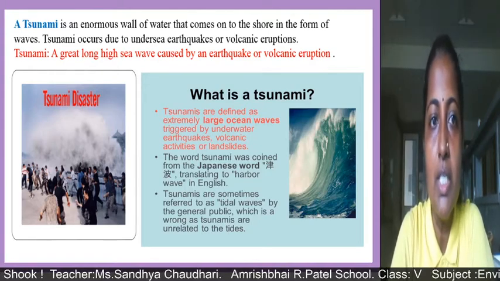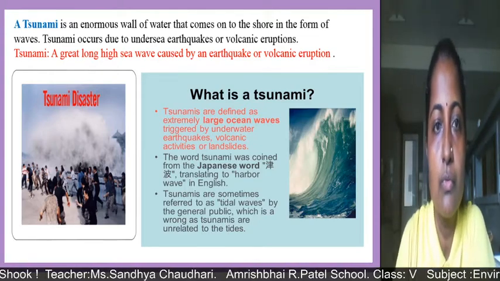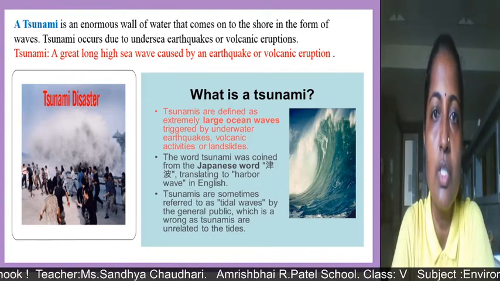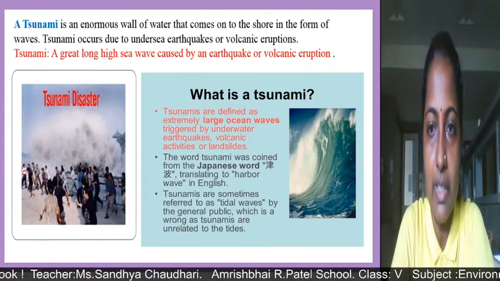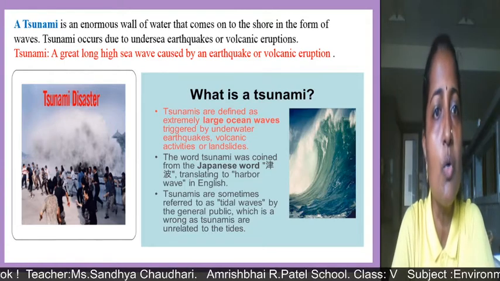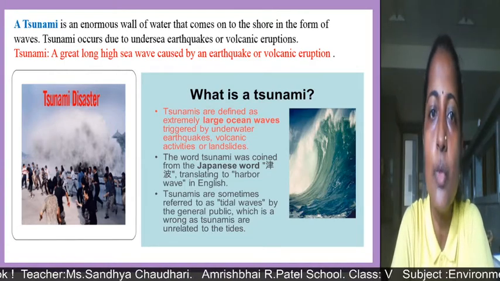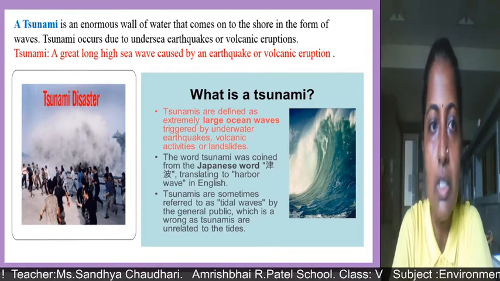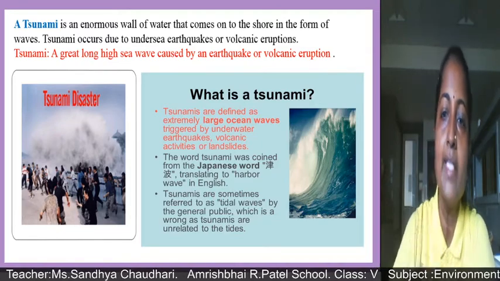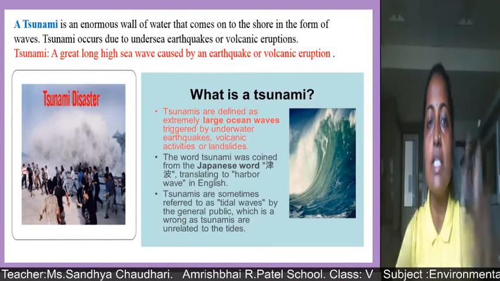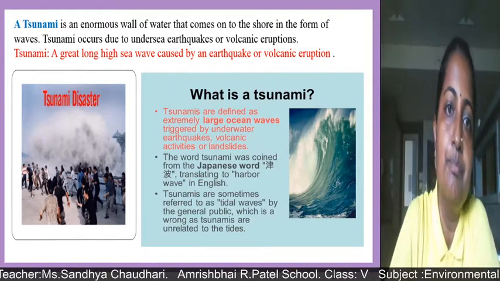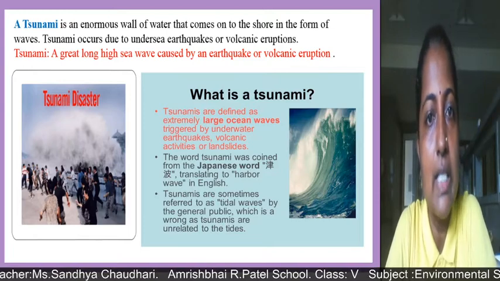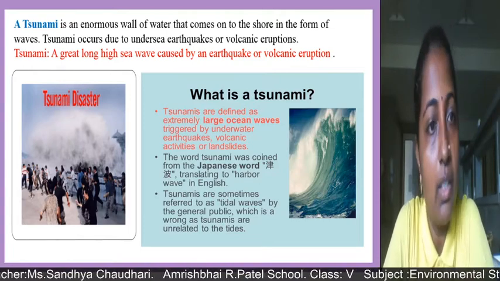A tsunami is an enormous wall of water that comes onto the shore in the form of waves. Tsunami occurs due to undersea earthquakes or volcanic eruptions. Tsunami means what, children?